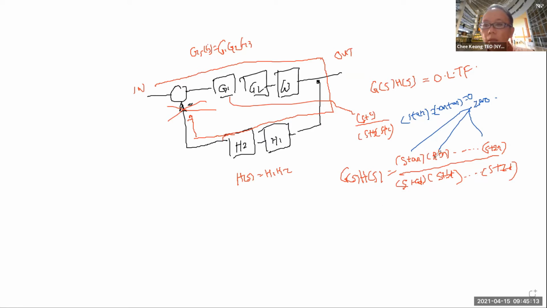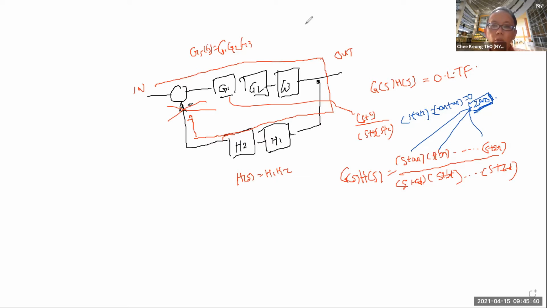So any one of them equal to the root, the whole transfer function goes to 0, and that's why it is termed a zero. So if I say there are two zeros, then you know there are two solutions on top, for example S plus 1 or S plus 2. So these are zeros.